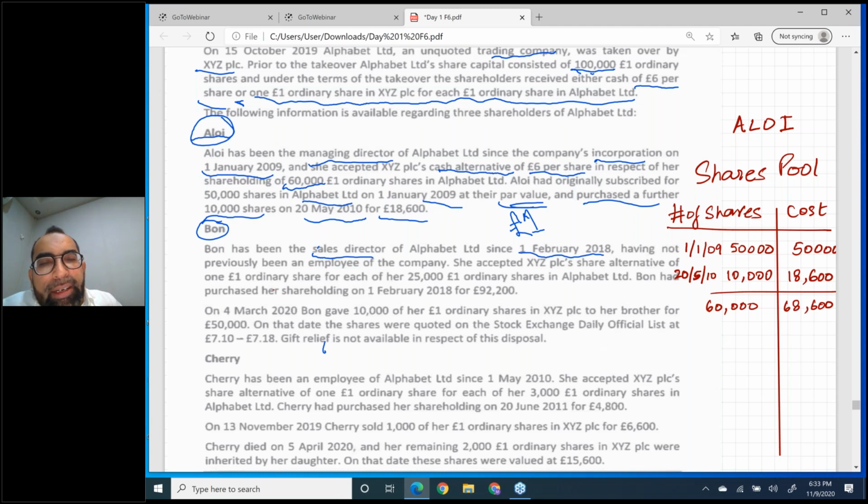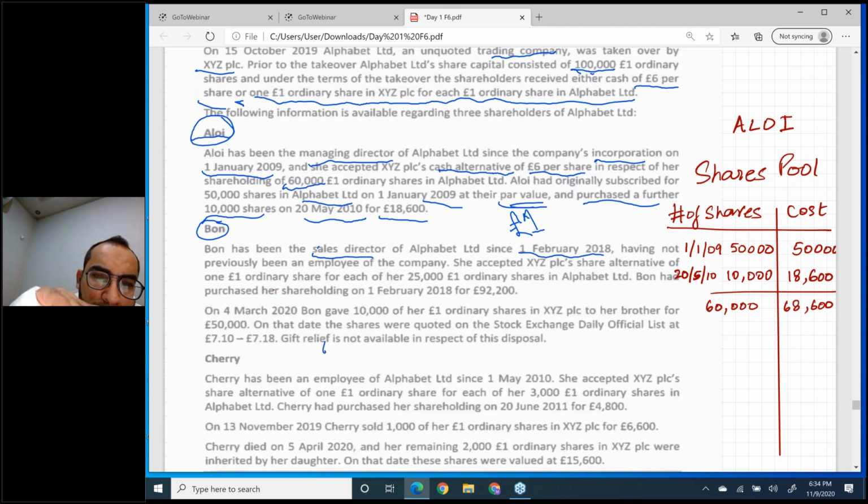The disposal date is 15th October 2019, and she joined this company on 1st Feb 2018. So that is less than 24 months, almost 18 or 19 months. So the main 24 months condition has been breached.